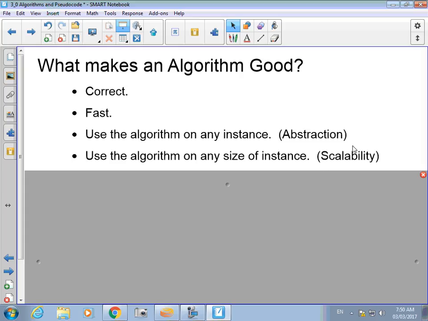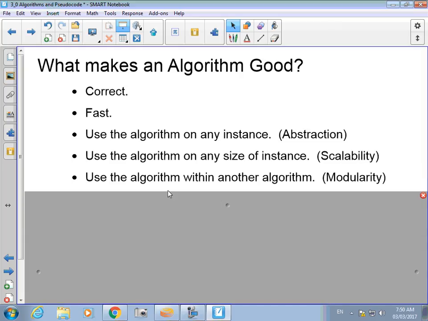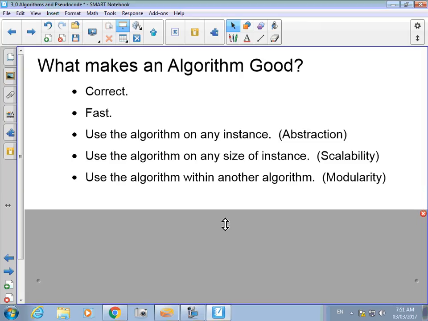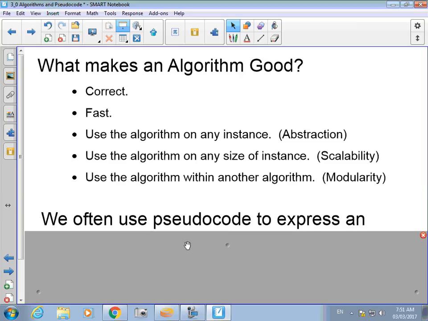Does this work on really, really small cases or really, really big cases? This is the idea of scalability of an algorithm. Use the algorithm within another algorithm: modularity. And this is what we practice when we write functions and procedures called methods in Java, right? Modularity. Can I grab that and put it in a different algorithm? And that's what makes an algorithm good.